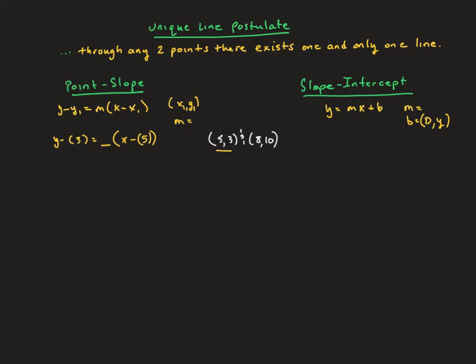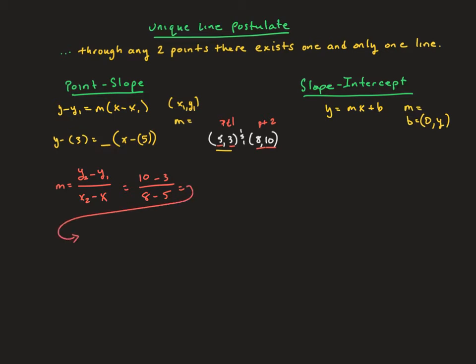The only thing I'm missing is slope, so I want to go ahead and calculate my slope. Slope is going to be equal to y2 minus y1 over x2 minus x1, and I'll call this point 1 and this point 2. So y2 is going to be 10, minus y1 is 3, and then x2 will be 8 minus x1, and that is 5.